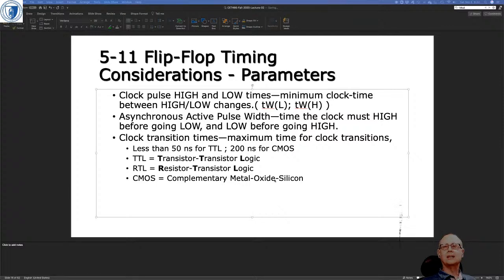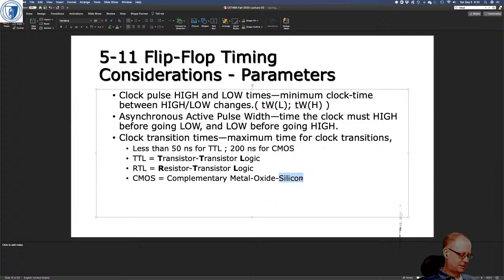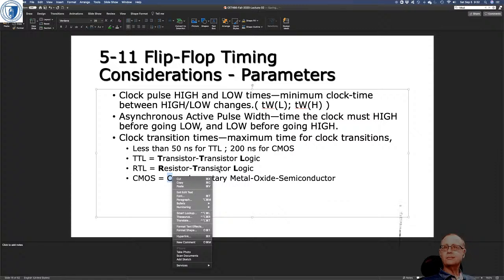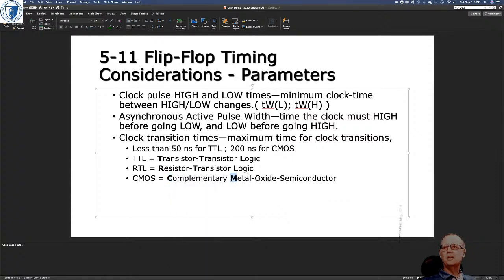Oh, it's semiconductor. Okay, so the S is semiconductor. Usually the semiconductor is silicon, but it's not necessary. So there's the C, M.